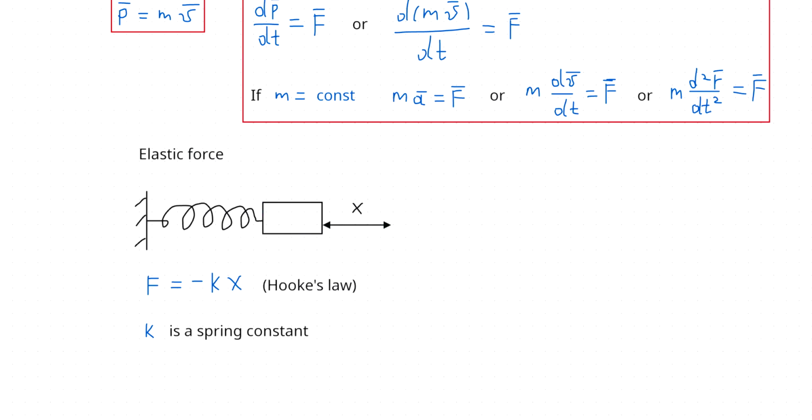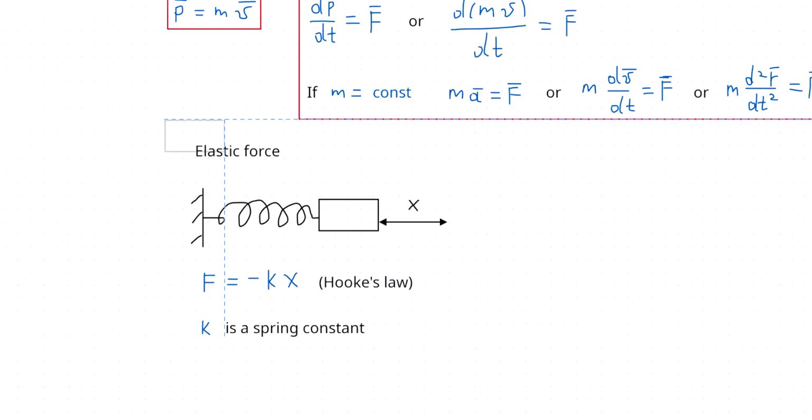And the minus sign means that elastic force tries to prevent the spring from extension, or in the general case, deformation.